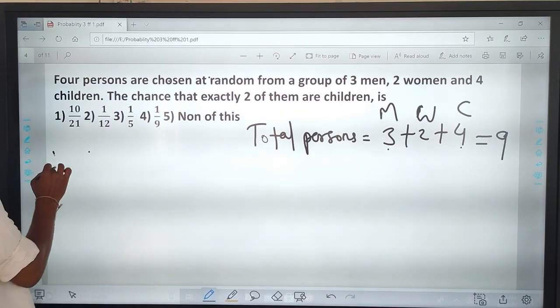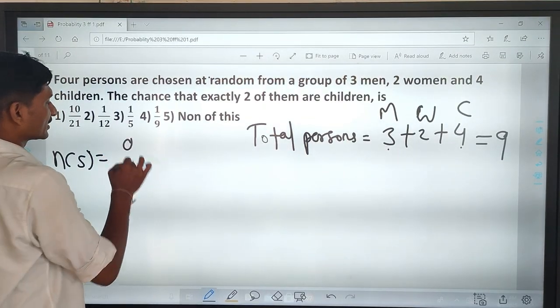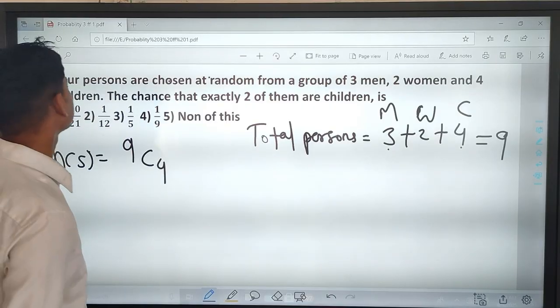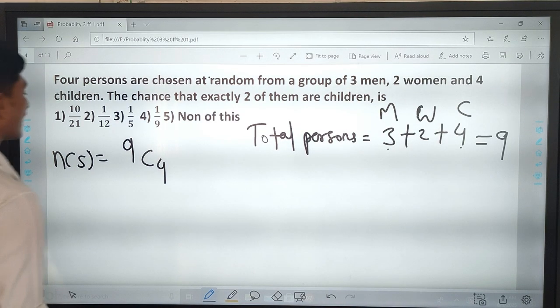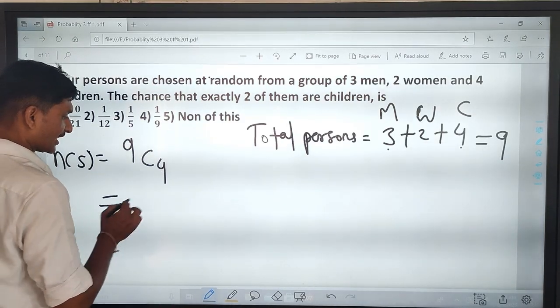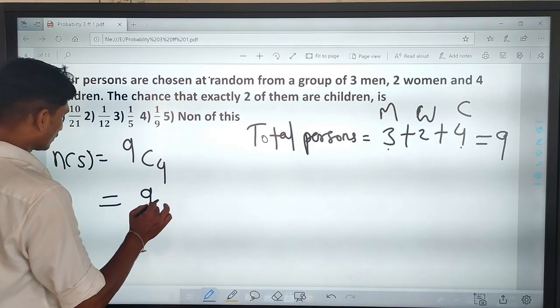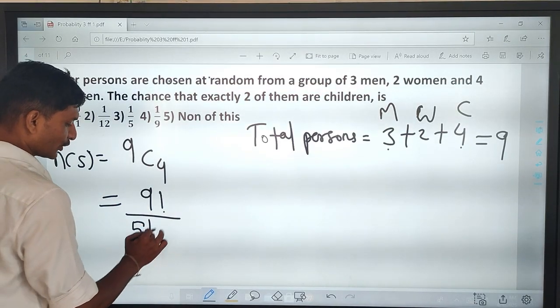Here we find n of S. n of S is equal to, out of 9 persons, 4 persons are selected, by 9C4. Here we write 9 factorial divided by 9 minus 4, 5 factorial into 4 factorial.